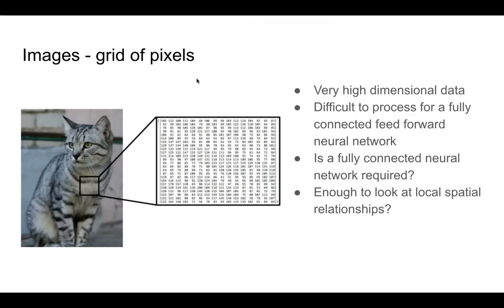So the first thing is that the image data is very high dimensional. Second is that it is very difficult to process for a fully connected feedforward neural network.